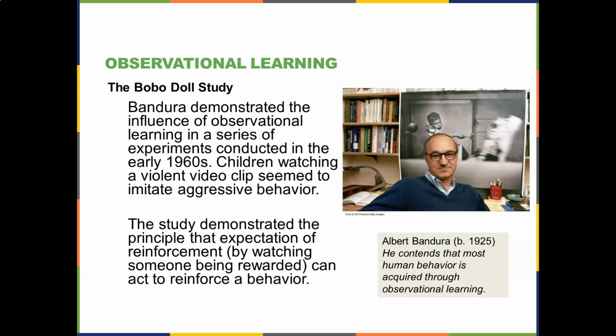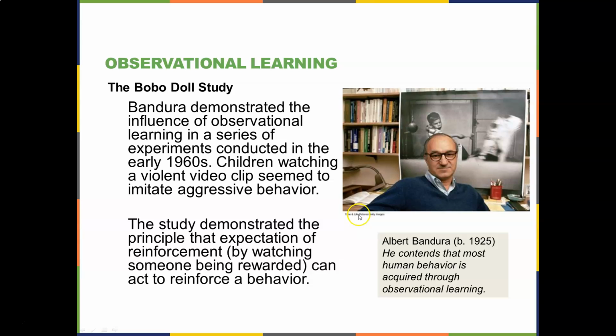Okay, now we're going to talk about observational learning. So basically, observational learning means just observing and learning through one's observations. A good example of this being studied was what's known as the Bobo doll study.